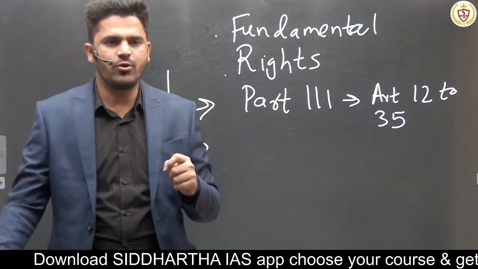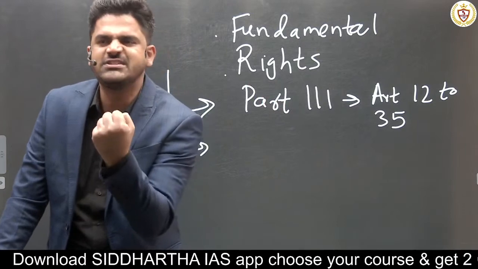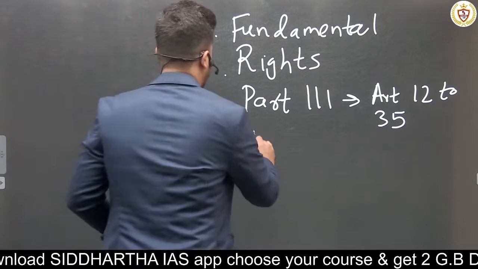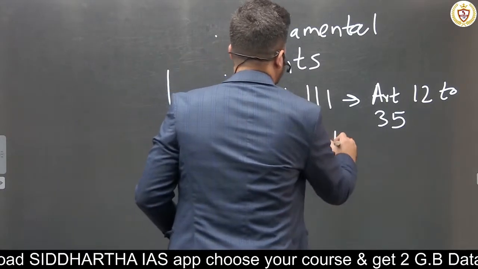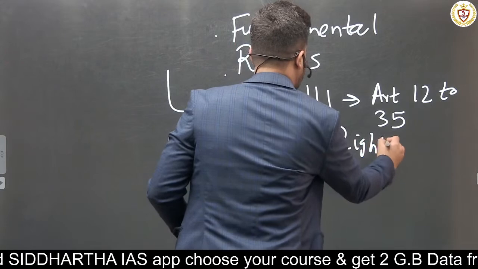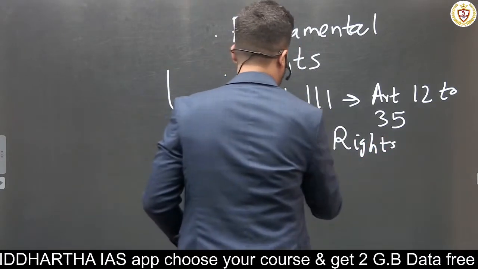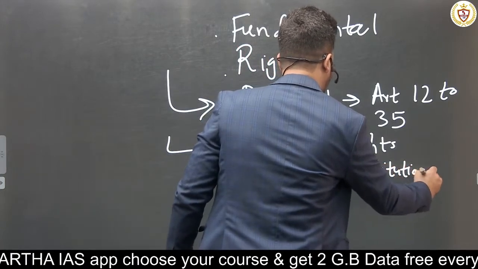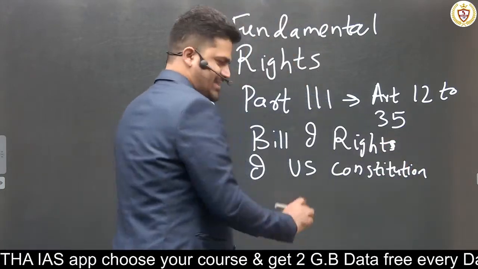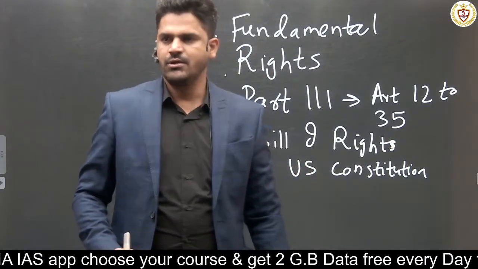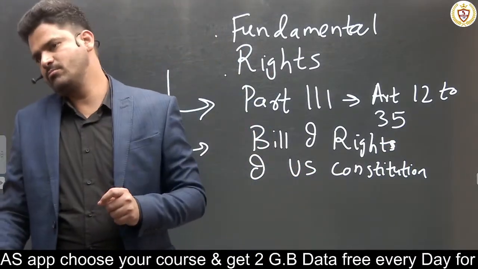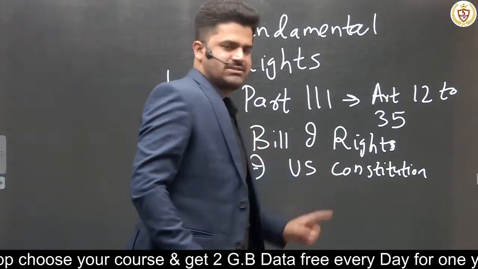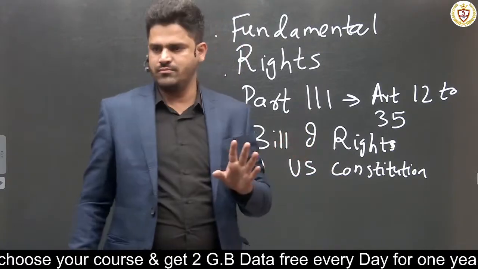The fundamental rights in the Indian Constitution, they draw their inspiration from the Constitution of USA through Bill of Rights. Bill of Rights of US Constitution, which is the oldest constitution in the world. When it came into force? 1789. So, fundamental rights in Indian Constitution, they draw its inspiration from Bill of Rights of US Constitution.